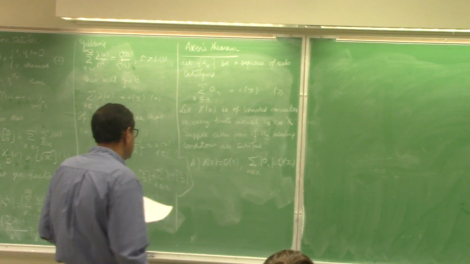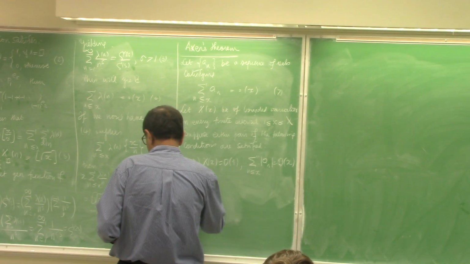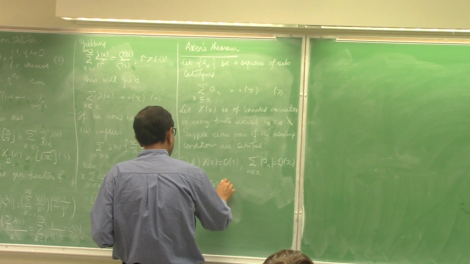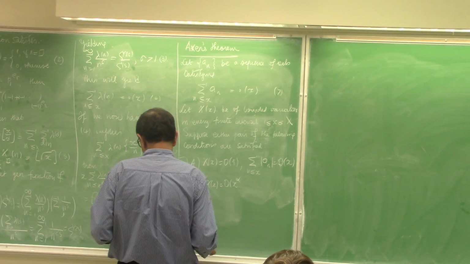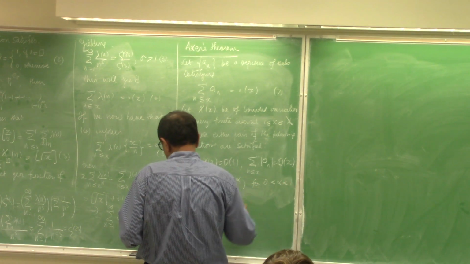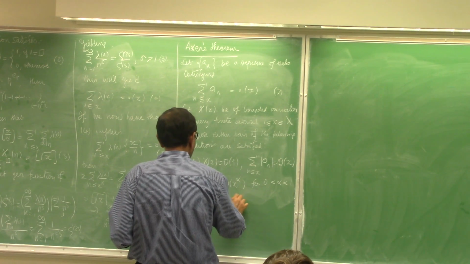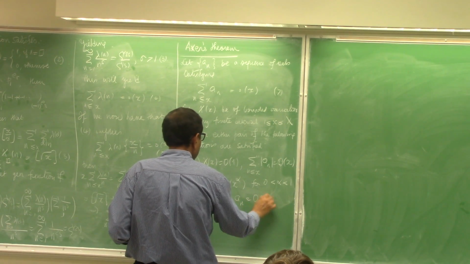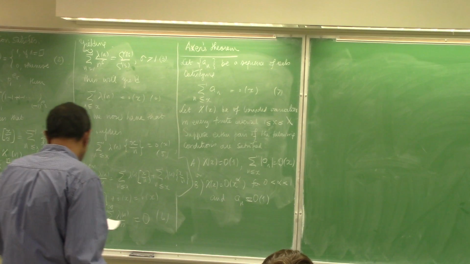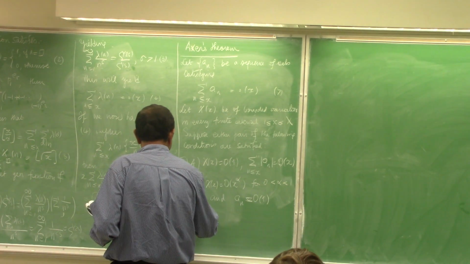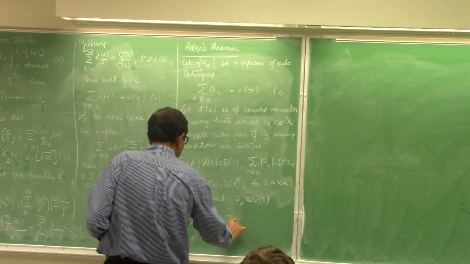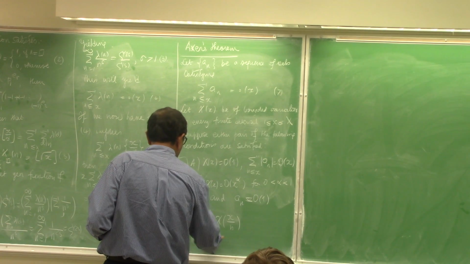So the a's are bounded on average. Or B, chi of x is O of x to the alpha for 0 less than alpha less than 1, and a of n is bounded. But this is stronger than saying that the sum of the absolute value of the a's is O of x. Then the claim is the summation of a n chi of x over n is little o of x.